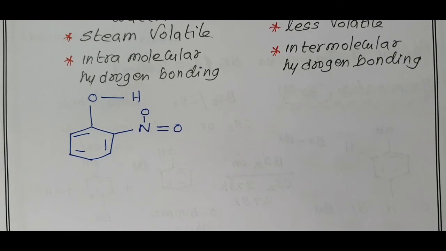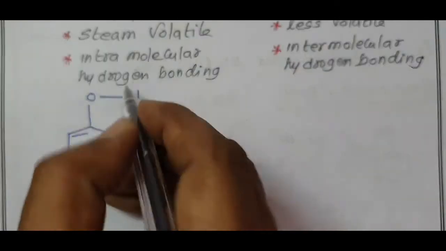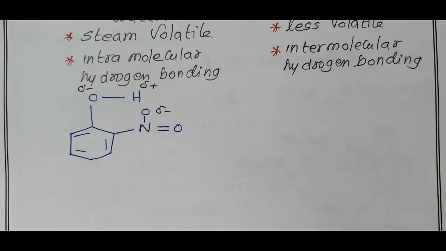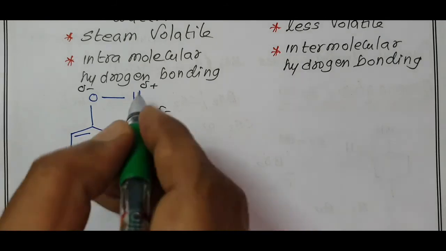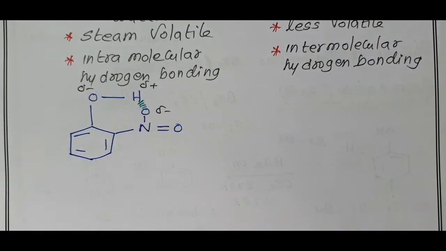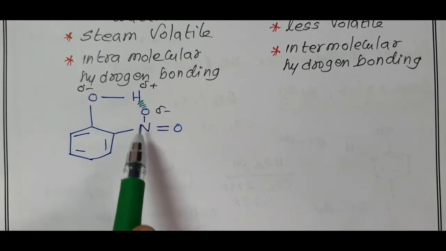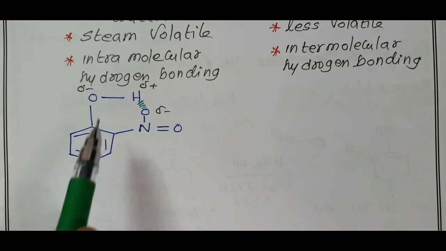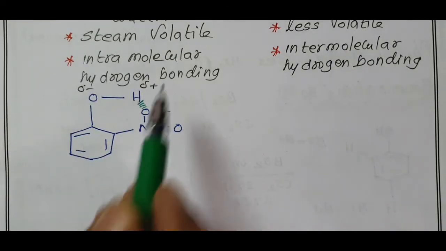Hydrogen is less electronegative, therefore it gets positively charged. Oxygen is more electronegative, negatively charged. A hydrogen bond is formed between the hydrogen of OH and the oxygen of NO2. The hydrogen bond is formed within the molecule, therefore it is intramolecular hydrogen bonding.